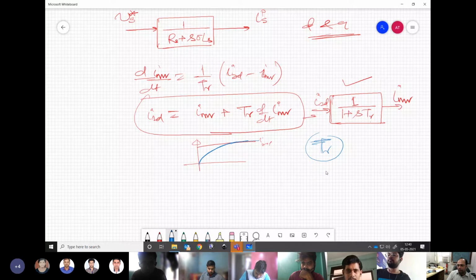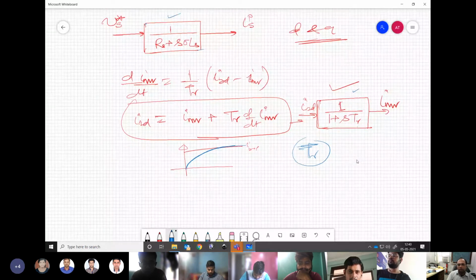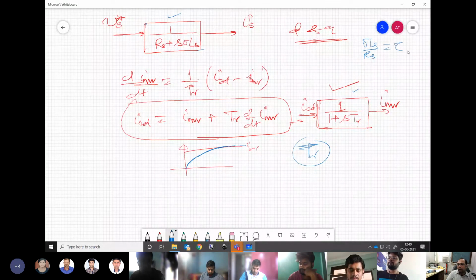Understanding my point? But the time constant, if you compare, in case of current we have sigma Ls by Rs as our current time constant. And for our flux time constant, it is TR, which means LR by RR. Because of sigma, our tau I is very small compared to our tau R or tau F or TR.